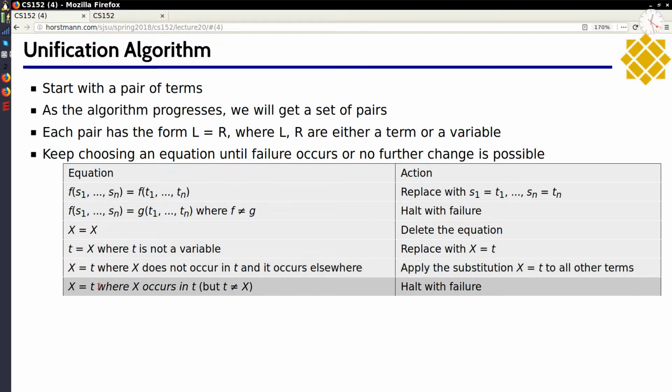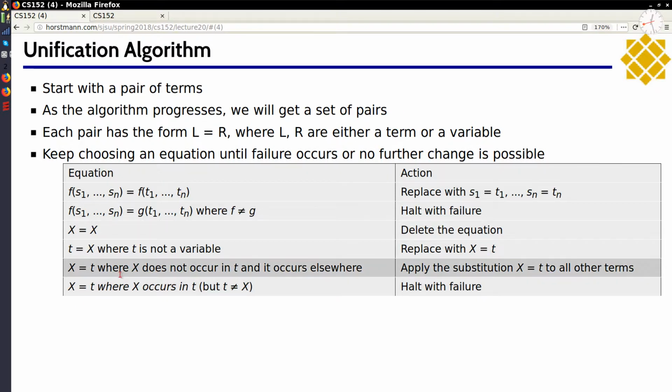If you have a situation where x equals a term and that term also contains x in some way, then you halt with failure. When you're done, you're going to have the situation where all equations have the form x equals some term, and the x doesn't occur anywhere else.